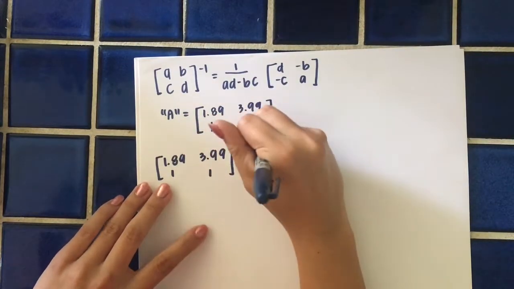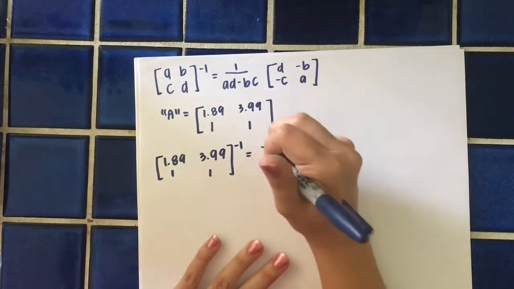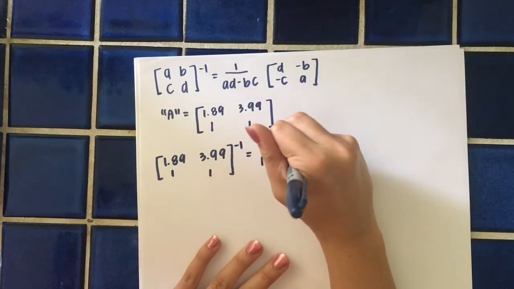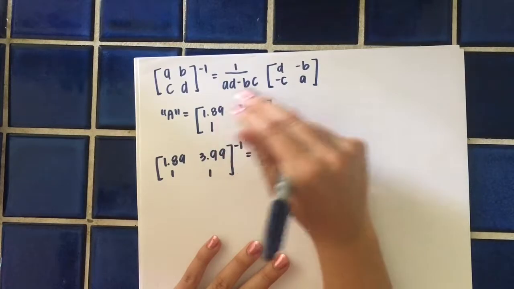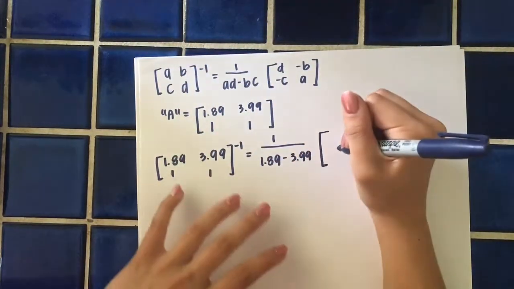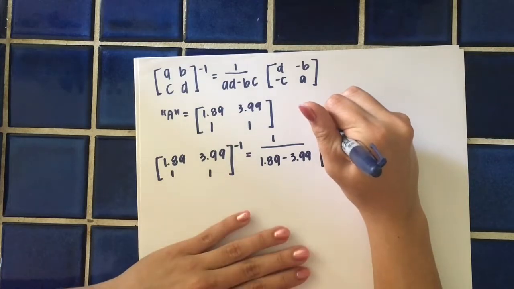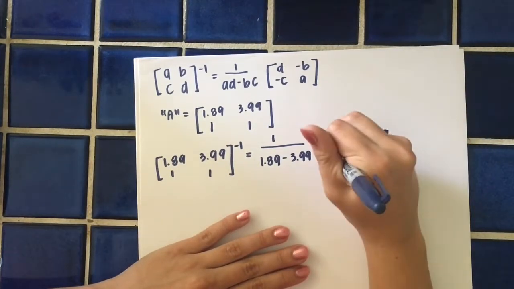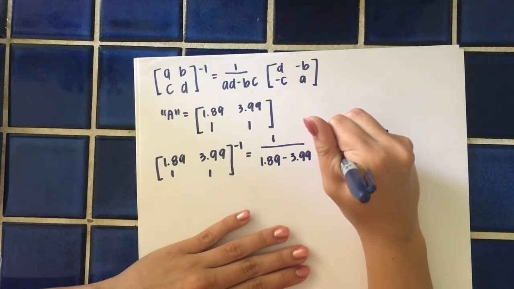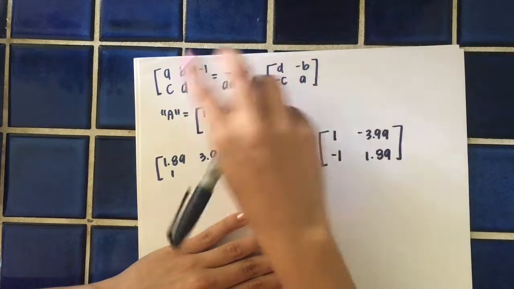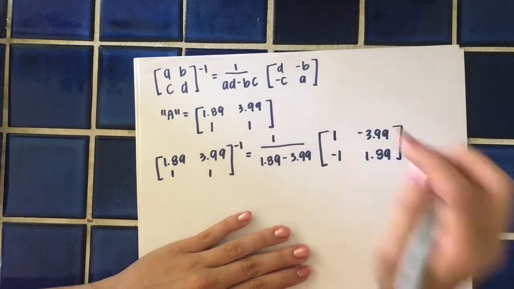It is going to equal 1 over 1.89 times 1 minus 3.99 times 1 because of the formula. And now let's switch the positions. So this is going to be 1, negative 3.99, negative 1, and 1.89, because it switches positions here, then it makes these negative.